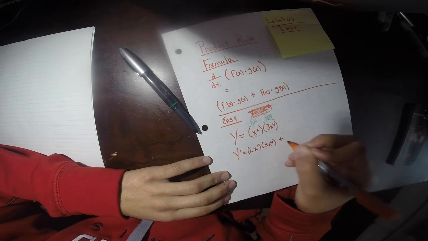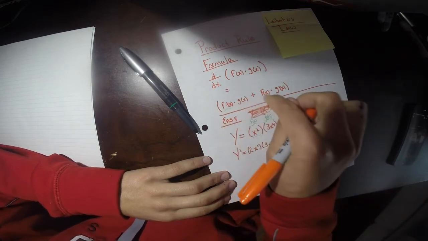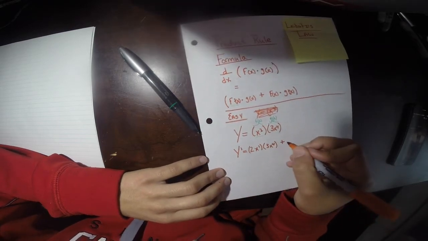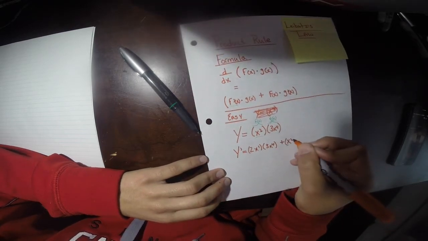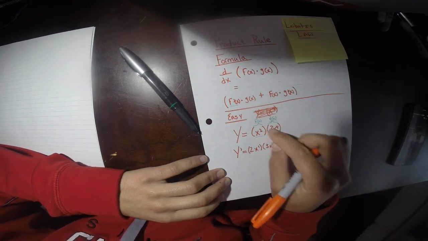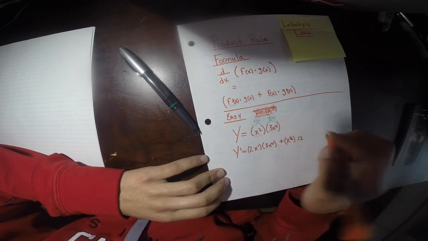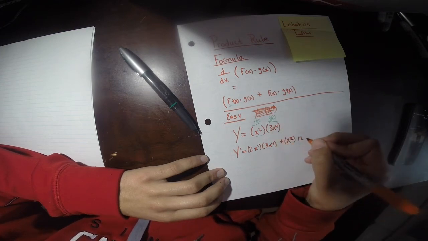Now you plus the original f of x, so x squared, times the derivative of g of x. Remember, bring the exponent down and multiply it by the coefficient, so 3 times 4 is 12, and then 4 minus 1 is 3.